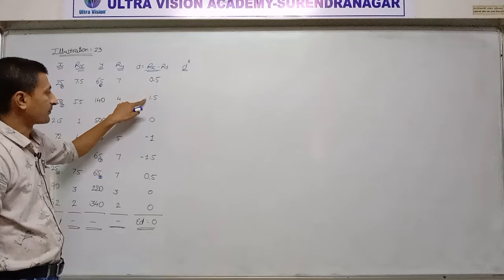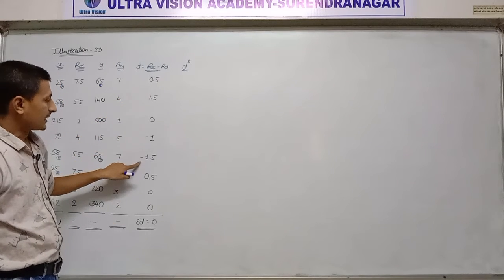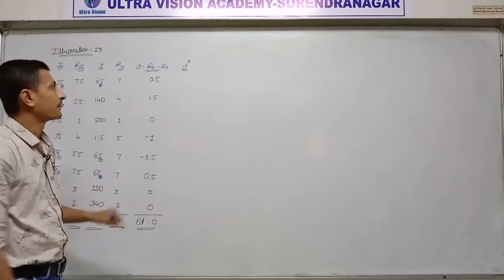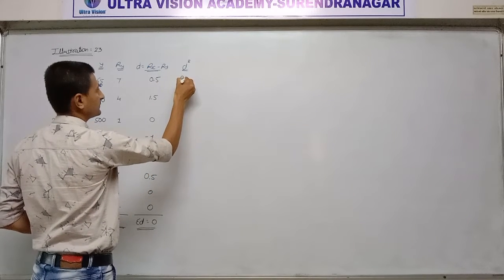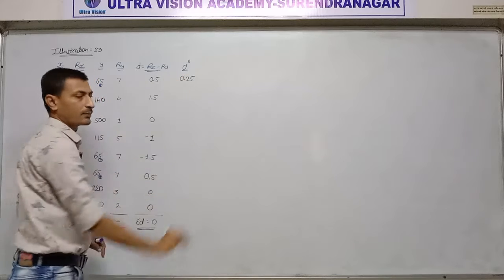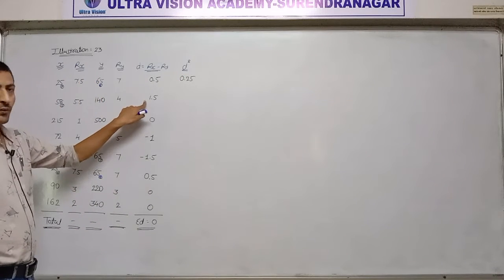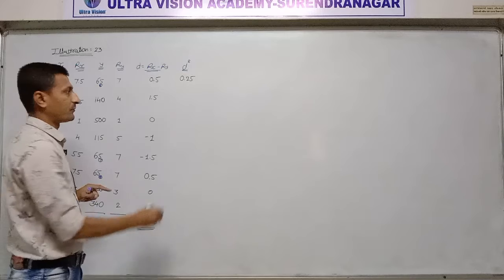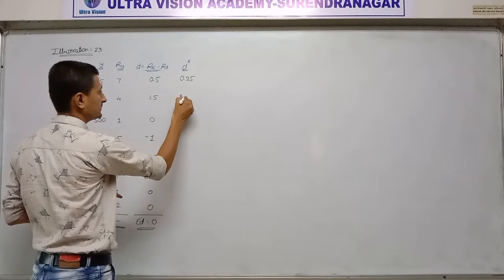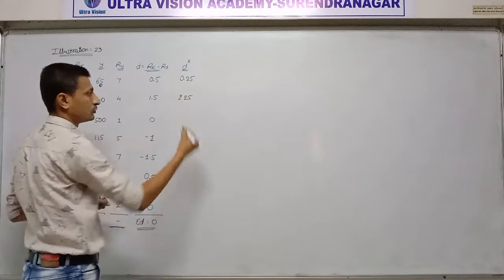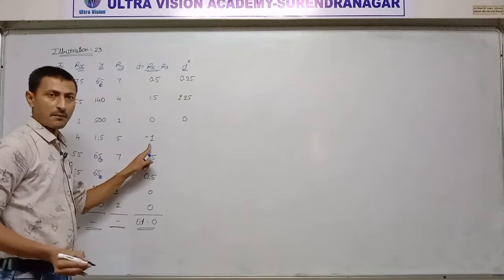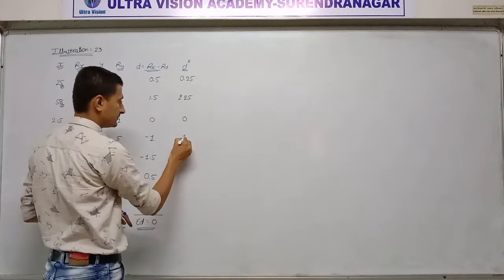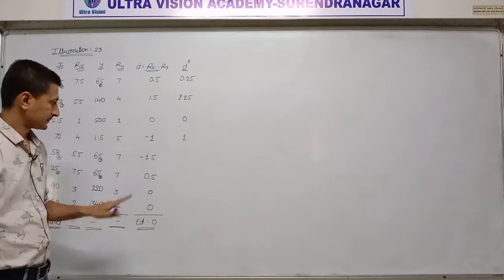Check it: 1.5 minus 2.5, 0. Done. Next, d square. 0.5 into 0.5, 0.25. 1.5 into 1.5, 2.25. Next, 0. Minus 1 into minus 1, 1.